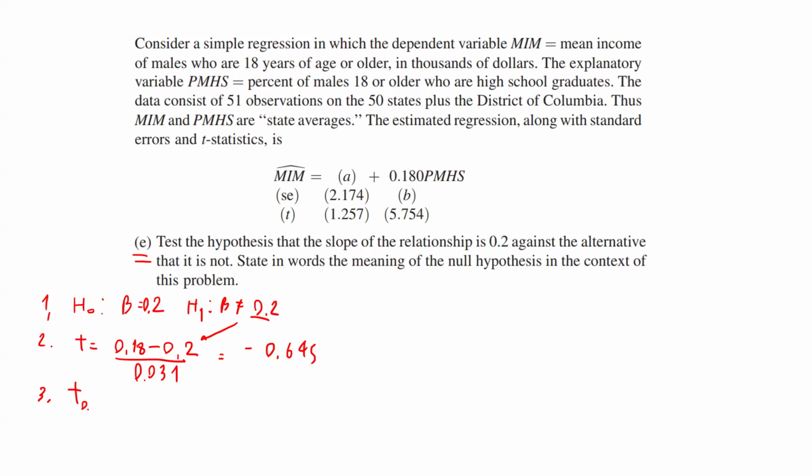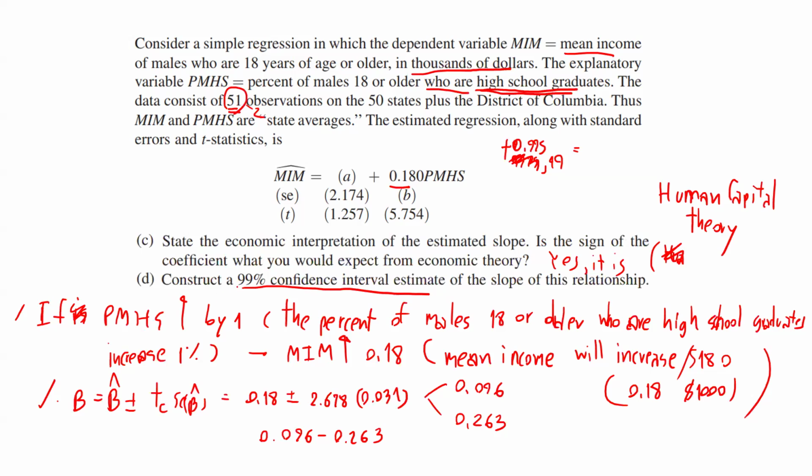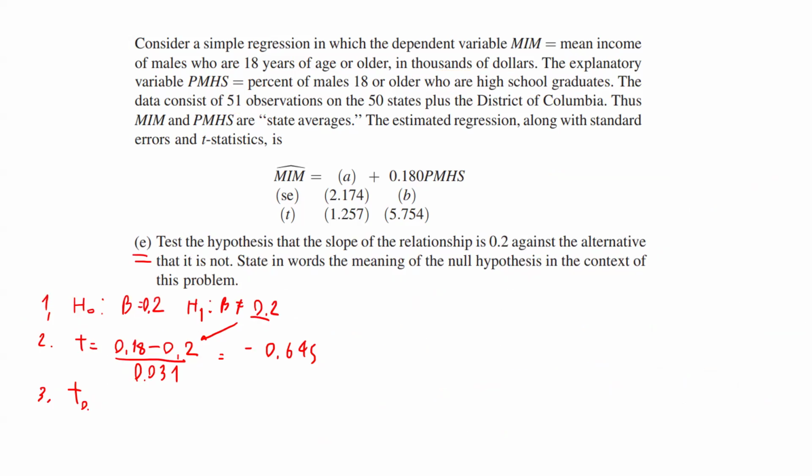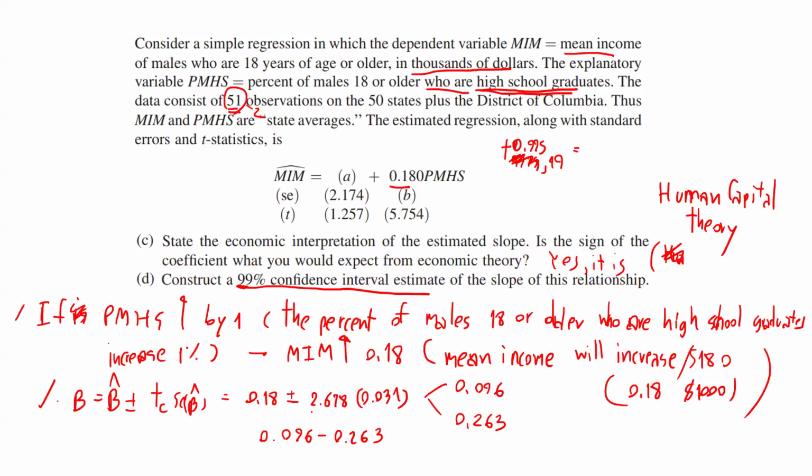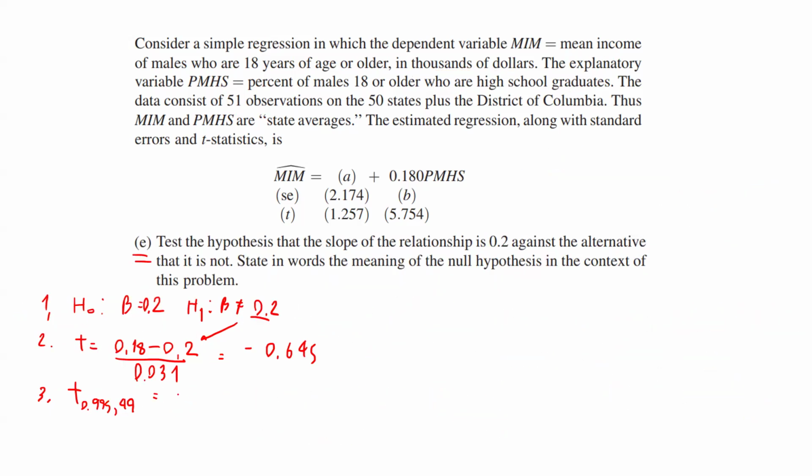So let's use 99% because previously we already used 99% confidence. So you use the previous number, 2.678.